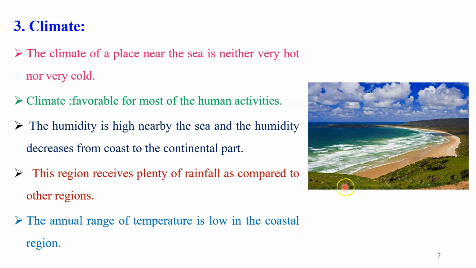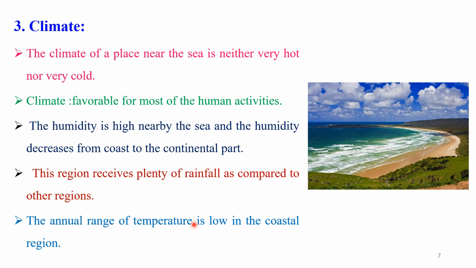In this region the range is very small. You know that in the desert region the temperature range is about 40 to 50 degrees Celsius, but here it is very low, between 10 to 12 degrees Celsius.